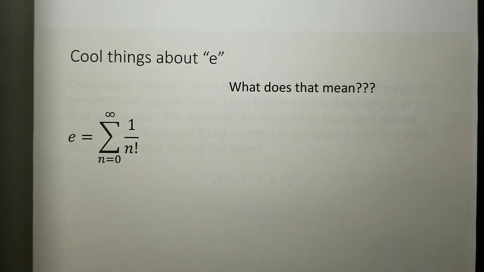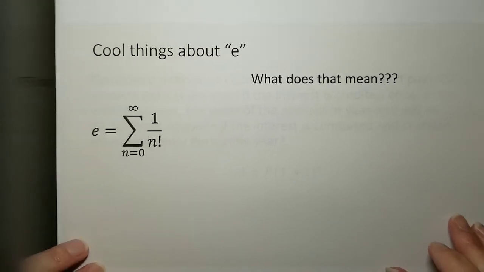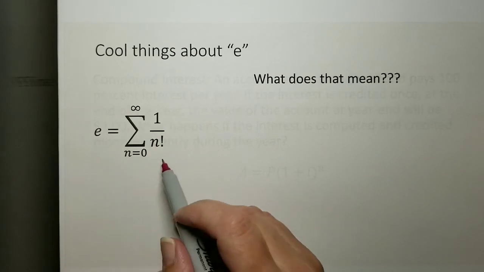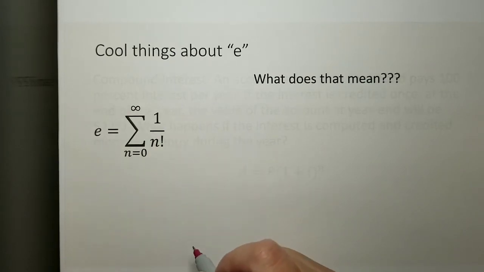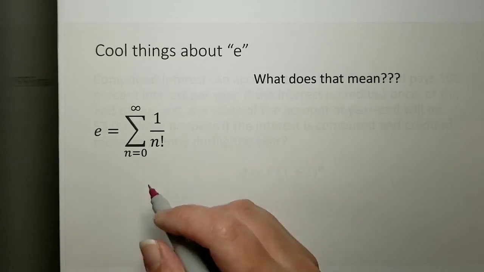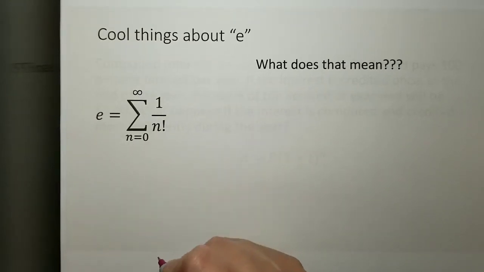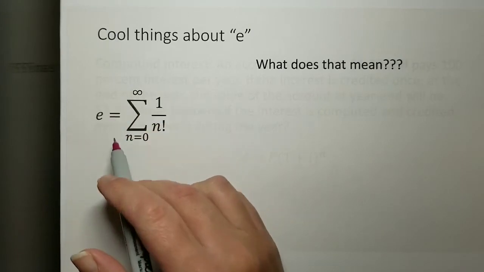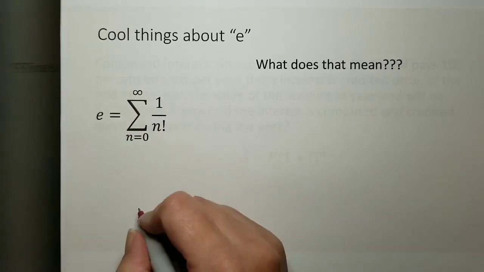Neat things about e, which you don't have to memorize or really know at all. This is an interesting identity. If you've done data management, you would have looked at factorials. I'm going to unpack this notation a little bit.